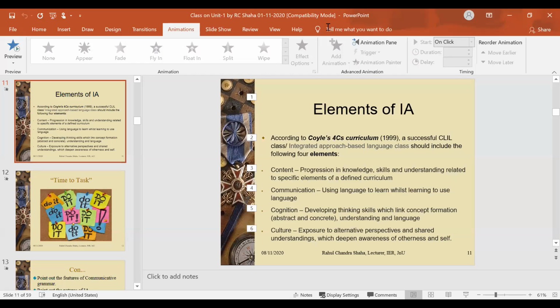Yes, sir. Integrated approach means an environment which makes it easy for a student to learn the English language, or basically any language.